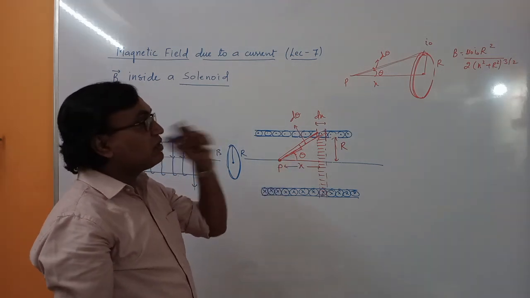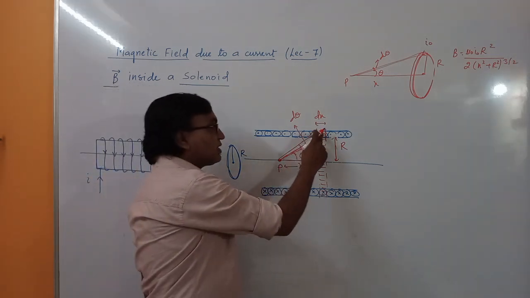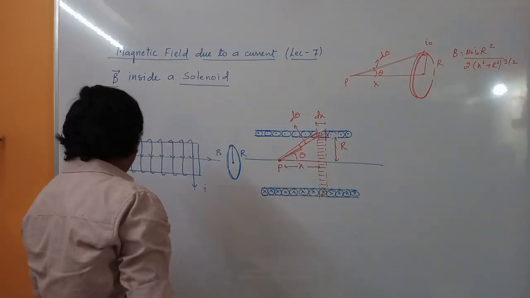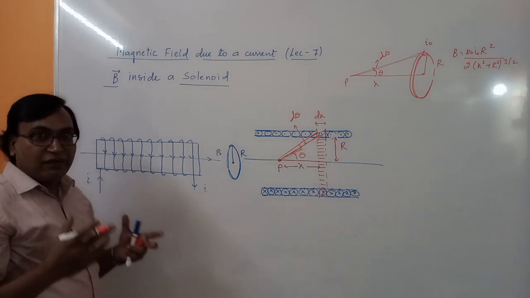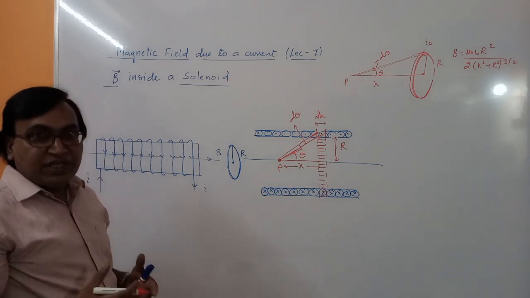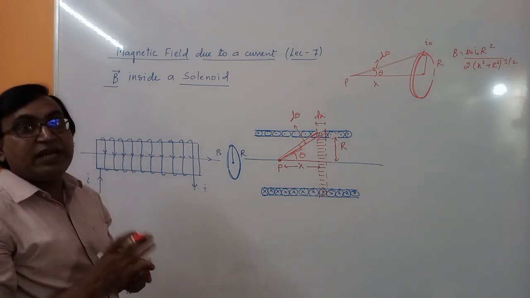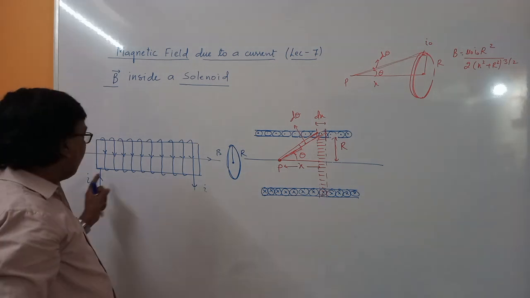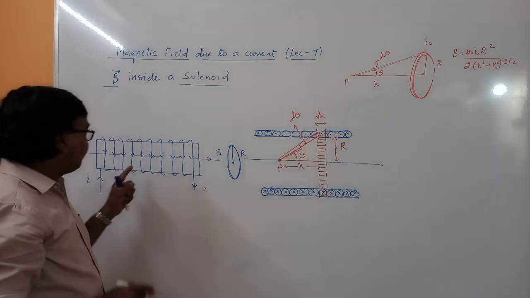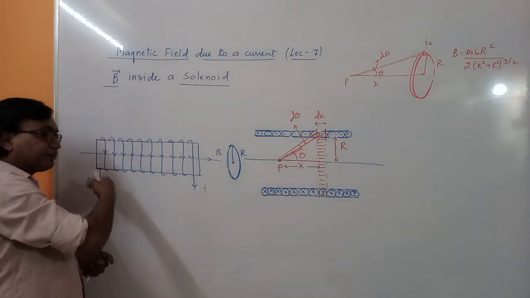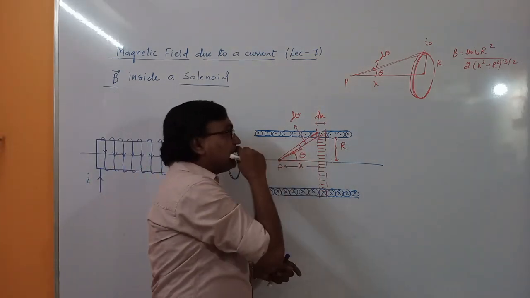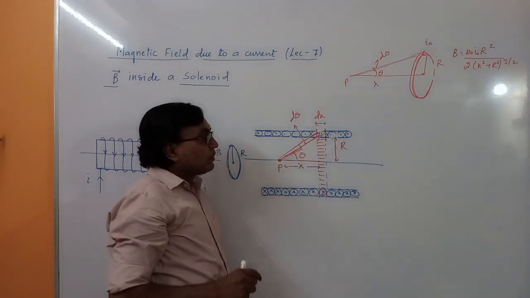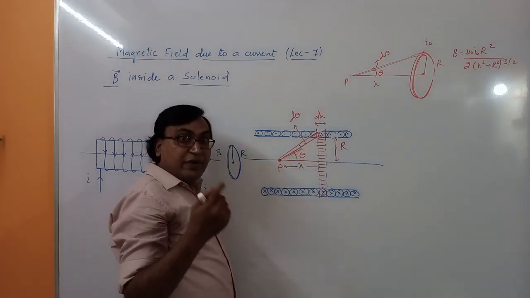Now we want to find the current. How much current is flowing through this? The actual current entering this solenoid is I. If we have number of turns n, then total current will be n into I. So current in each circular loop is I. Now in this elemental distance dx, the number of loops may not be one.